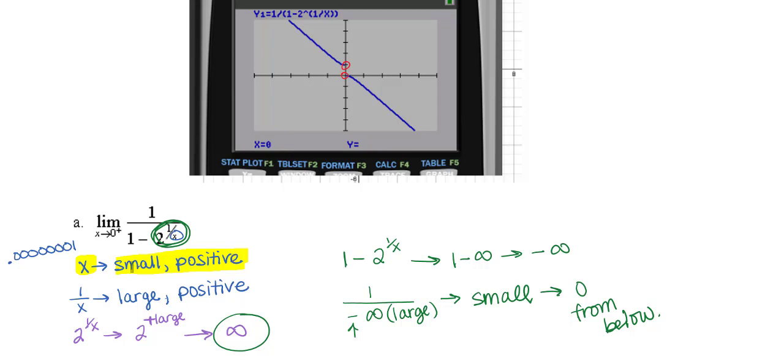So I'm saying x is some small number and positive because I'm approaching 0 from the right, and on the right are the positive values. And then substitute that into your function, piece by piece, right? So the first piece that you would be evaluating is the 1 over x, which is that reciprocal. So that's why I got the second component there. And then you'll notice I also started using or introducing the idea of infinity.